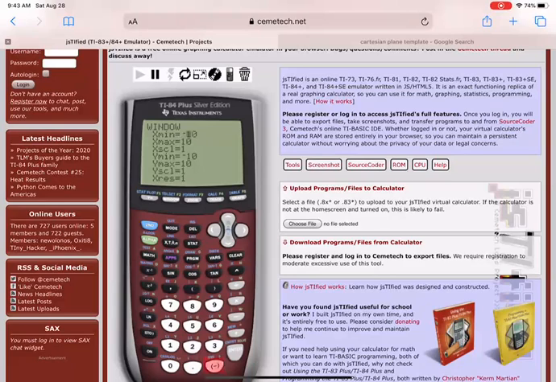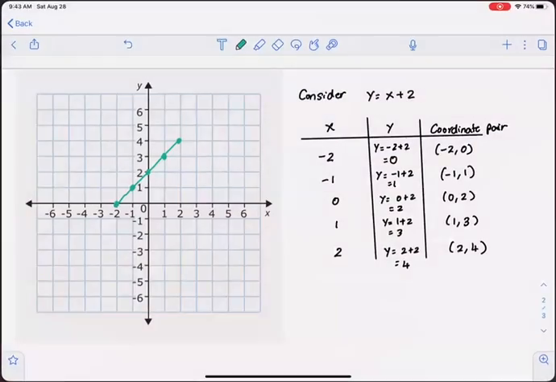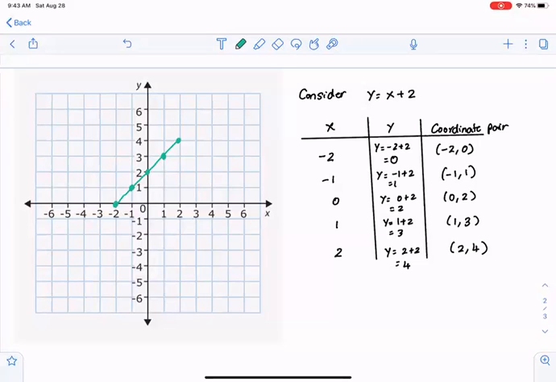So -2 is where I started, +2 is where I ended. And my y values do not exceed 4. The 5 values that I've picked for x give me y values that do not exceed 4.